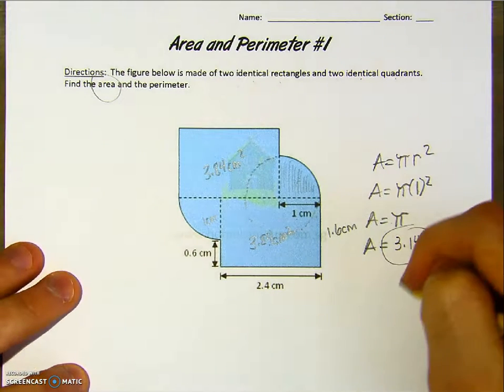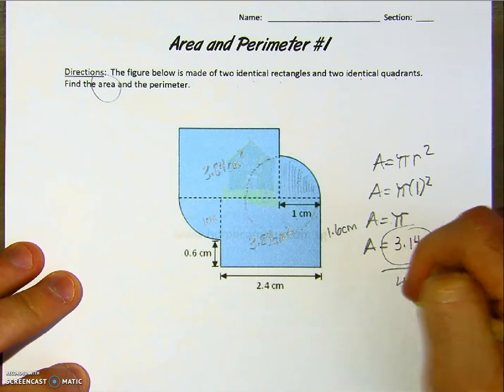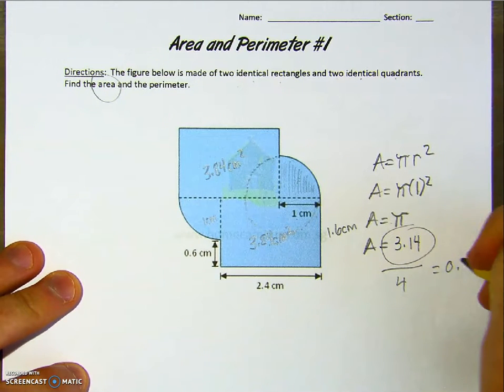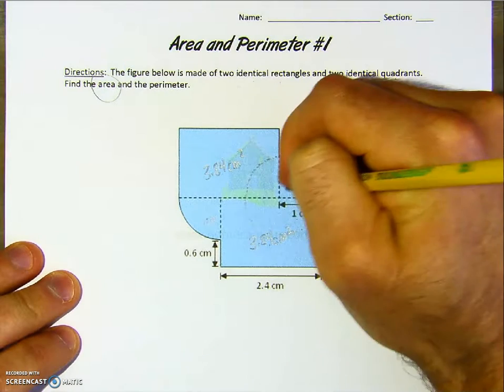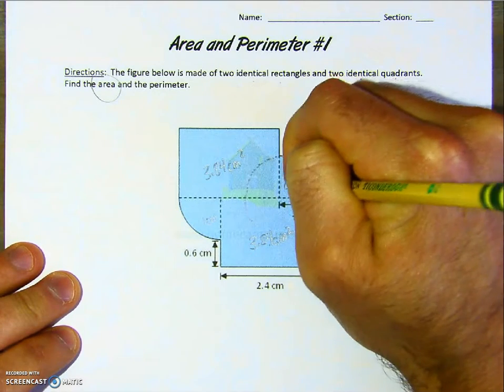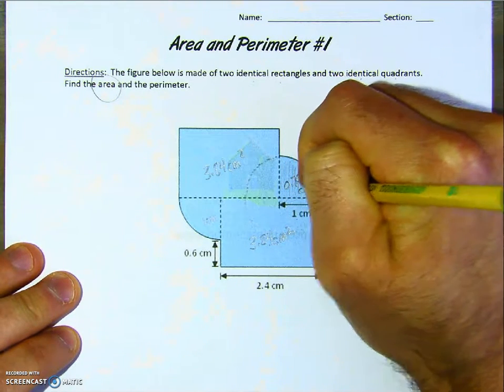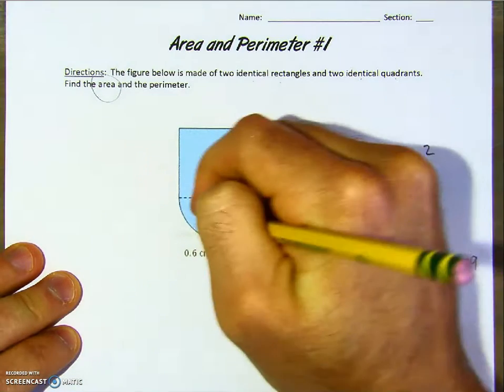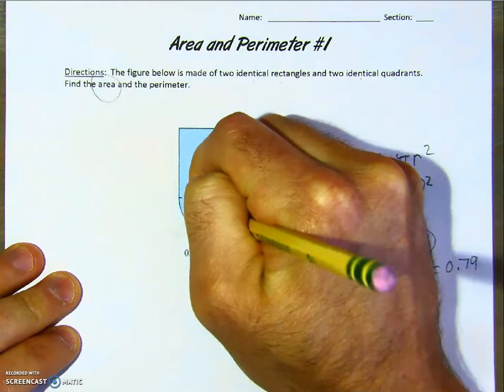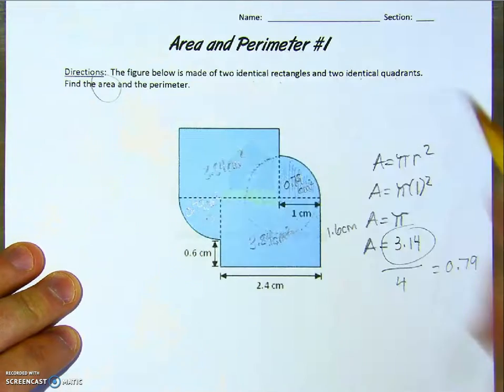So we'll call that 0.79, just rounding. Okay, so that means this has an area of 0.79 centimeters squared, and because they're identical quadrants, this one must also be 0.79 centimeters squared.